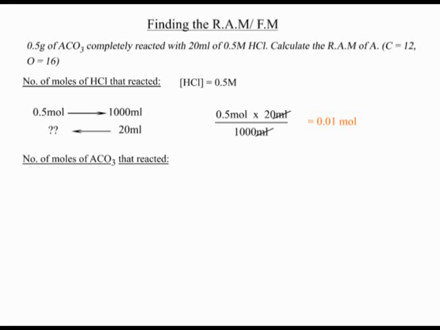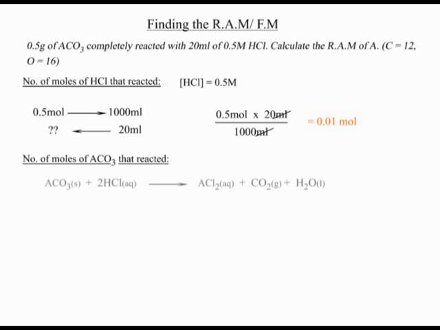What is the mole ratio? We get a balanced chemical equation. Take note of the chemical formula of A carbonate. Considering that a carbonate is a divalent radical, it means that A is also a divalent metal. This is important in writing the chemical equation.